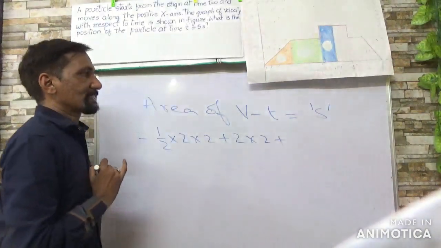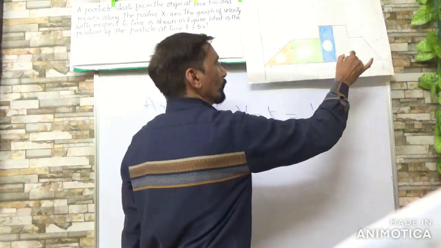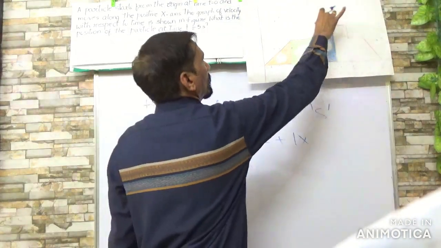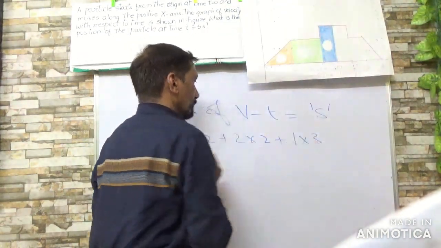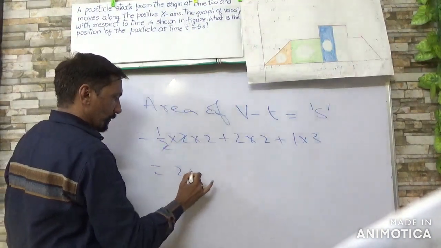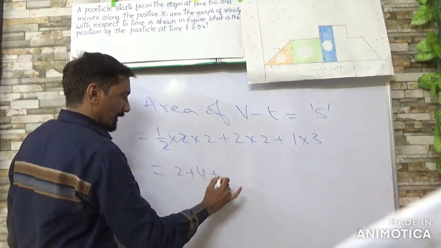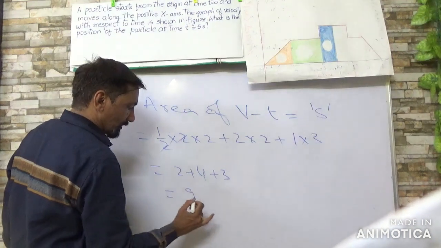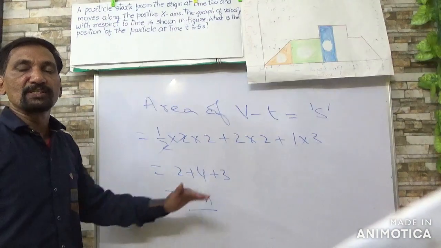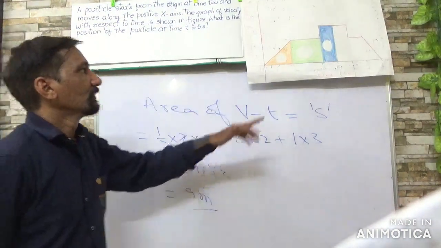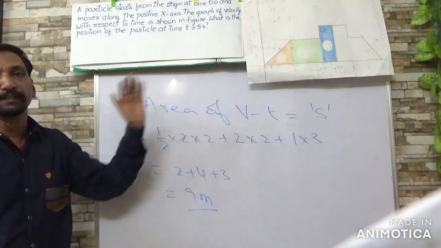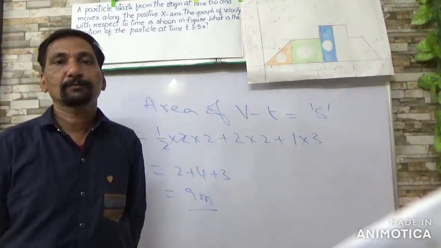Plus from 4 to 5, the difference is 1, with height 3. So 2 plus 4 plus 3 is 9 units, nothing but 9 meters, meaning its displacement after 5 seconds becomes 9 meters.